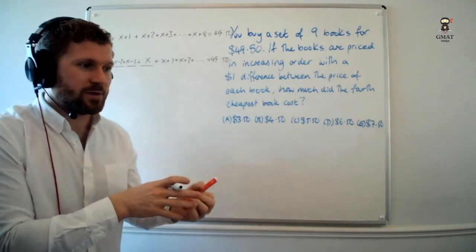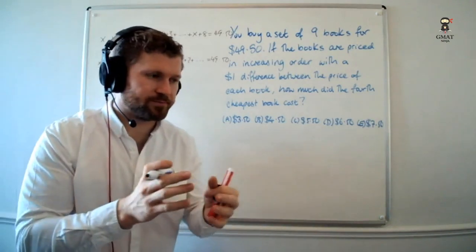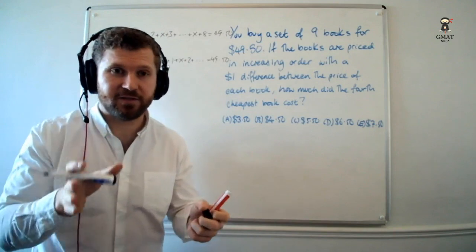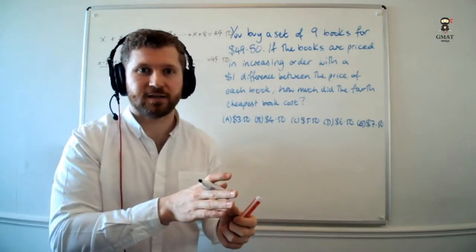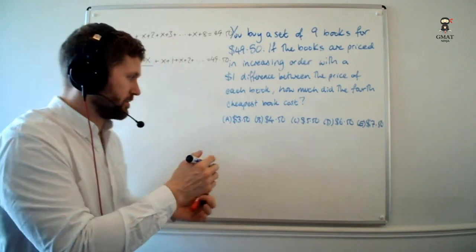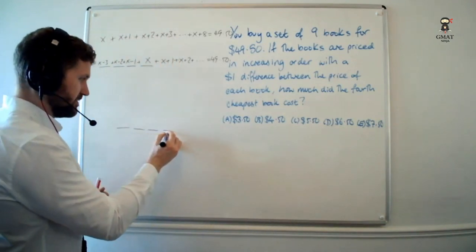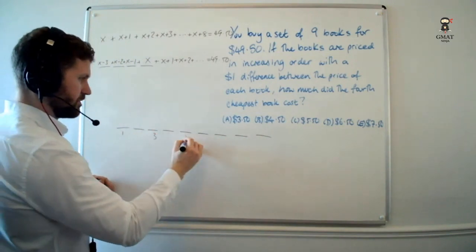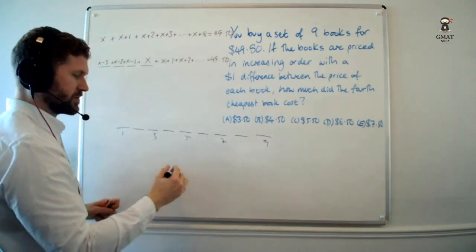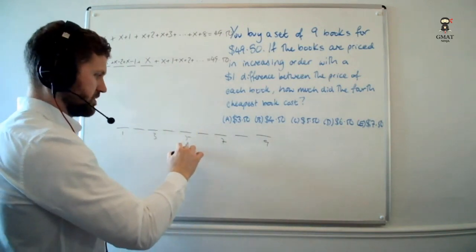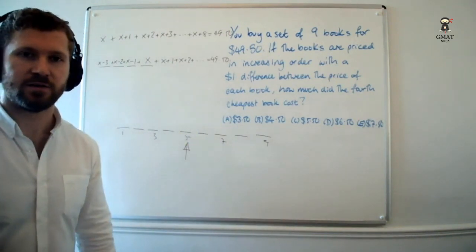The way that I would look at this question is, if you think back to the last one, the thing that I said there, that we have an evenly spaced symmetrical set. So the mean of this set is the same as the median. Or in other words, if I've got 1, 2, 3, 4, 5, 6, 7, 8, 9 books, well, the mean price is going to be the same as the median price.